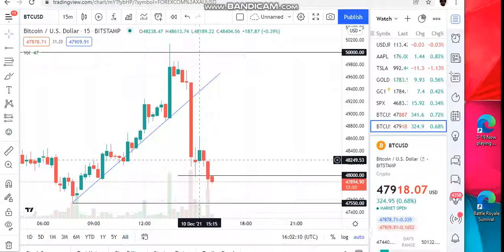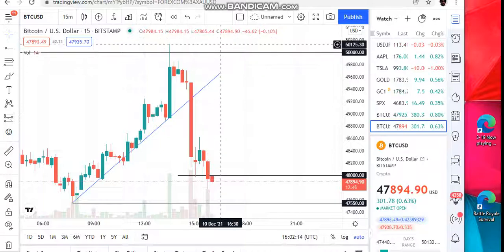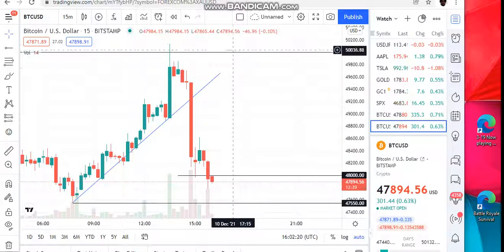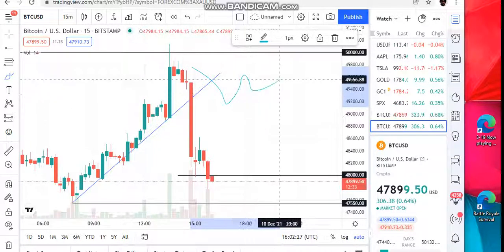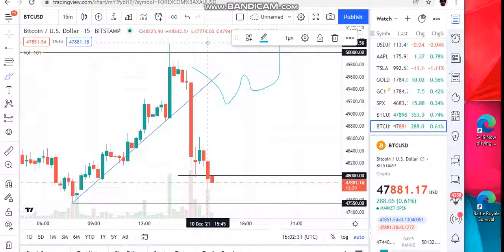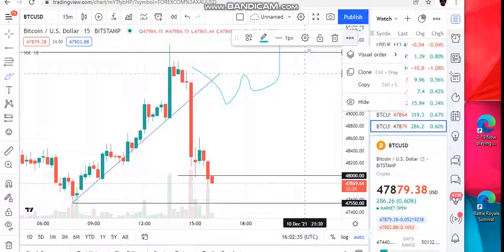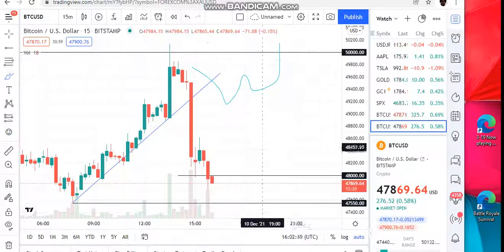Until we see a sign that price wants to break through 5,000, we'll wait. It keeps making higher highs and then wicking back down to 5,000, doing this again and again, eventually breaking through this 5,000.